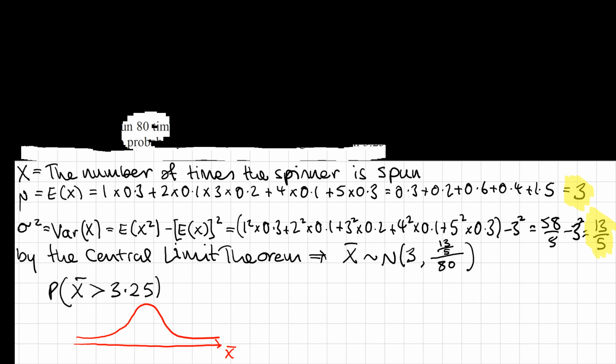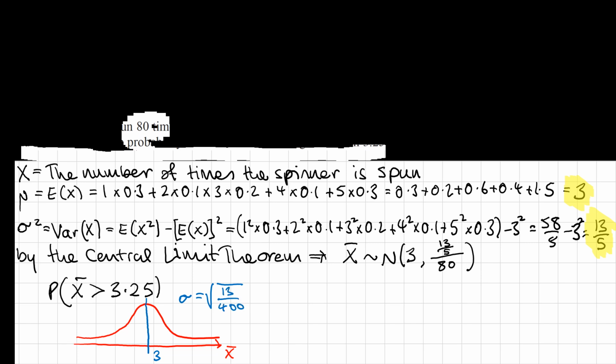So here's my sample mean. The mean of this is going to be 3, and the standard deviation is going to be the square root of 13 over 5 divided by 80. If I do 13 over 5 and divide it by 80, you get 13 over 400. So it's root 13 over 400.